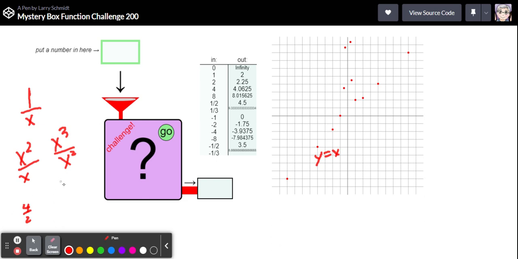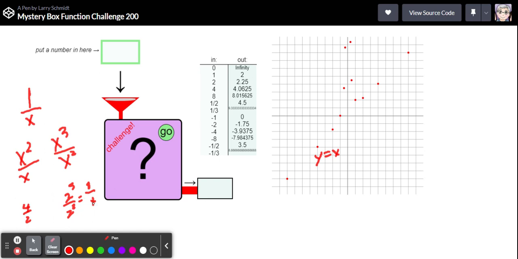What about x cubed over x squared at 2? That would be 2 cubed over 2 squared, that'd be 8 over 4. And we're getting 2.25. Oh, I see. I'm seeing this 0.25, and how are we getting that?